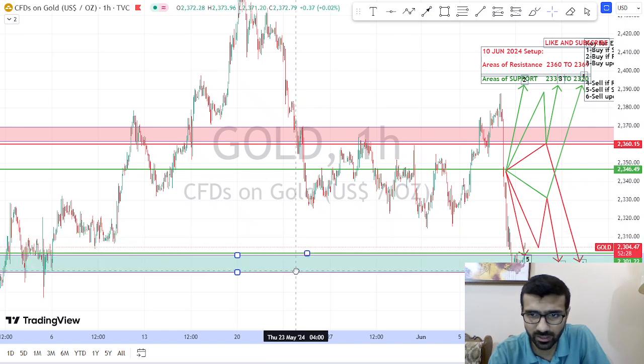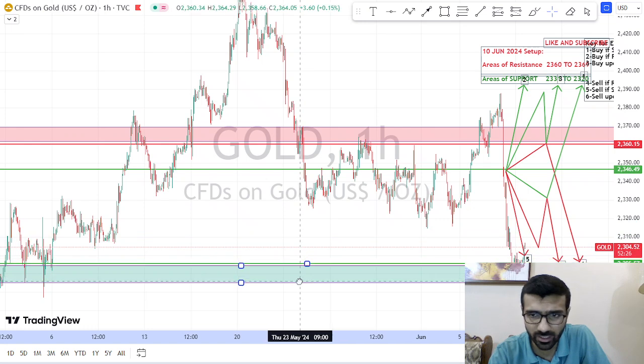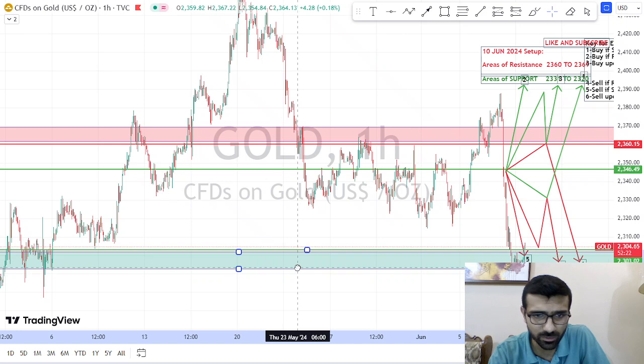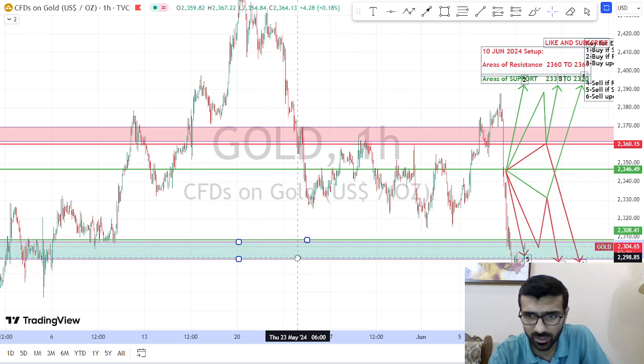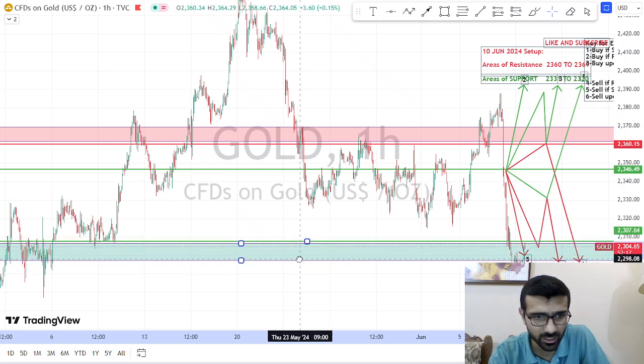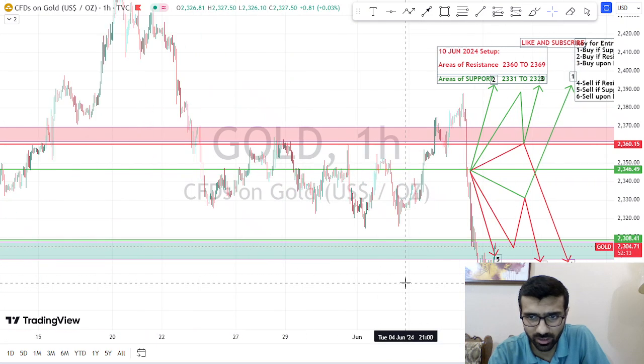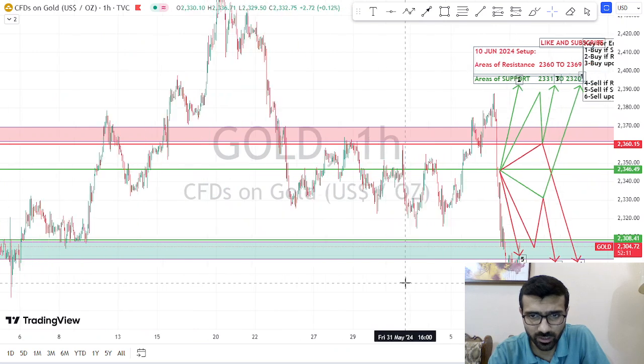The market has formed this area of support, but since the market's most recent area of support is this one, and the market is also trending in between this area, we are going to mark this area as our area of short-term support.